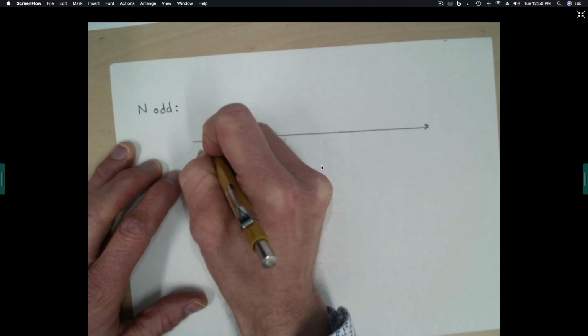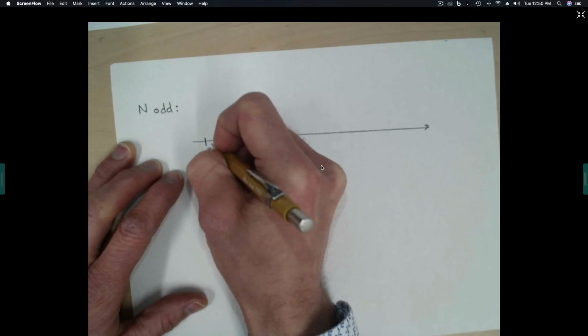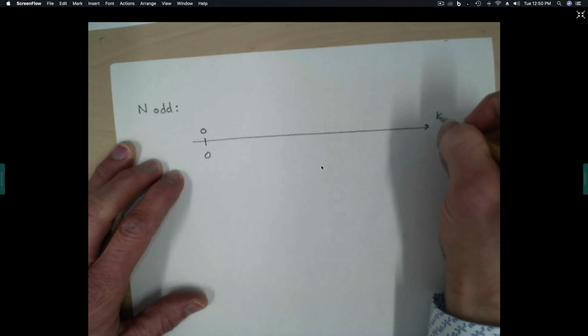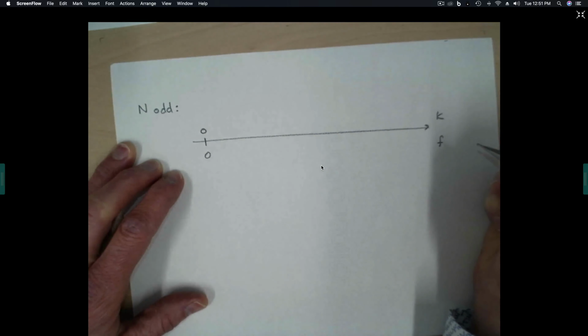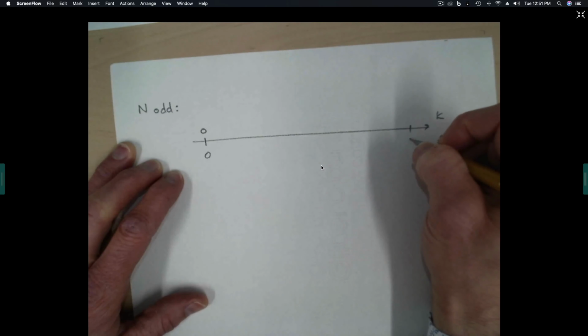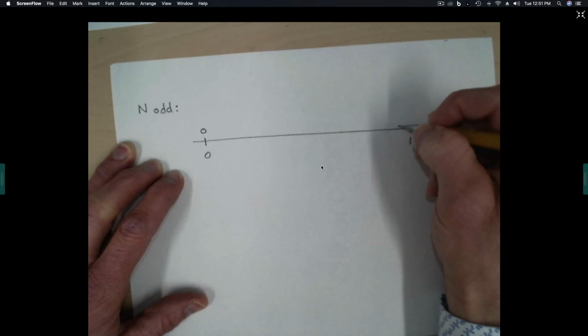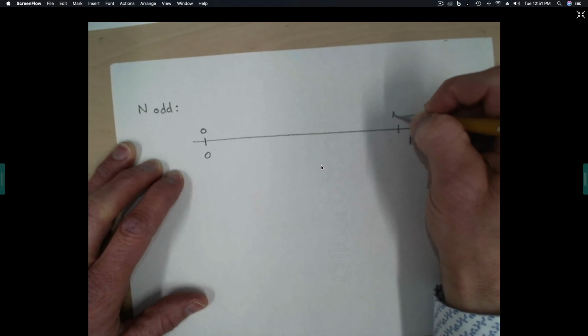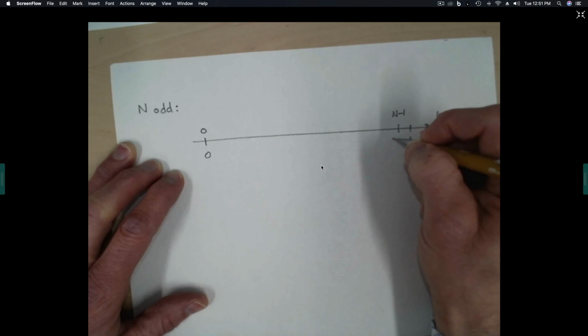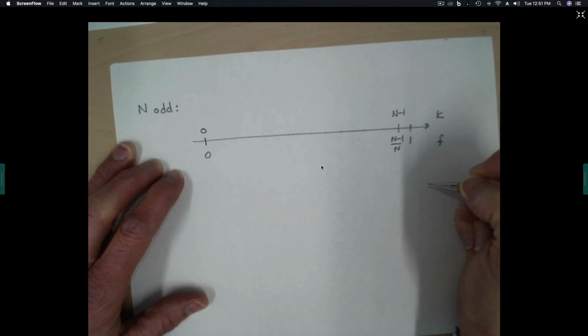So here's our axis. We'll put 0 on the left. Again, we have frequency bin on the top and frequency on the bottom. Here is the frequency 1. Bin n minus 1 comes just below that, and frequency n minus 1 over n comes just below that.